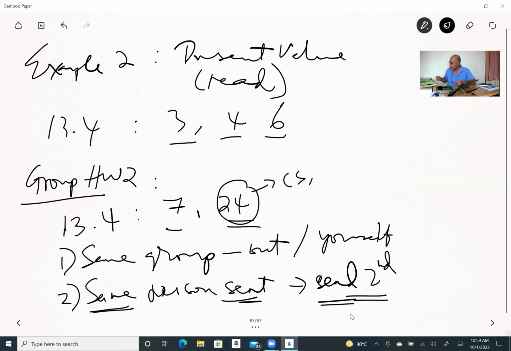So, let's look at the calendar. Can we go to our calendar? We have time. So at the end of the semester, maybe we can do some.